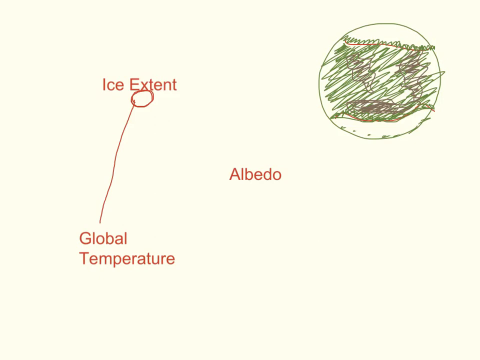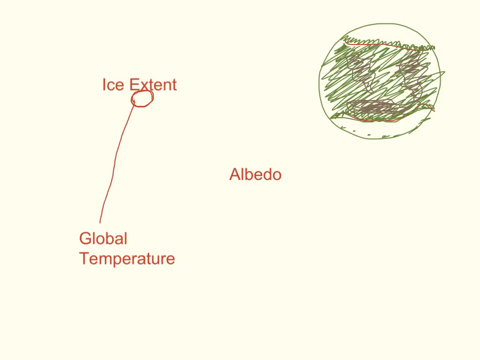As ice extent changes, that of course changes albedo. In our example that we showed in our diagram, as we decreased ice extent, we got rid of the high albedo portion of the land surface, and then overall, globally, this results in a decrease in global albedo.